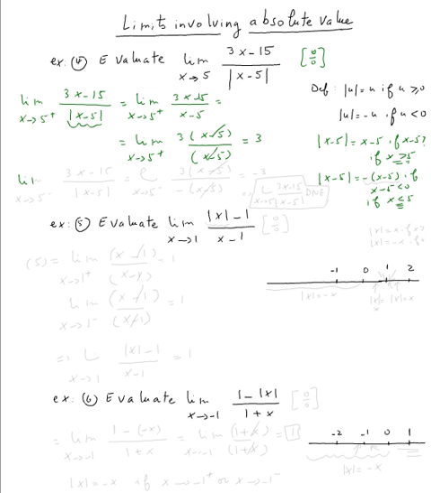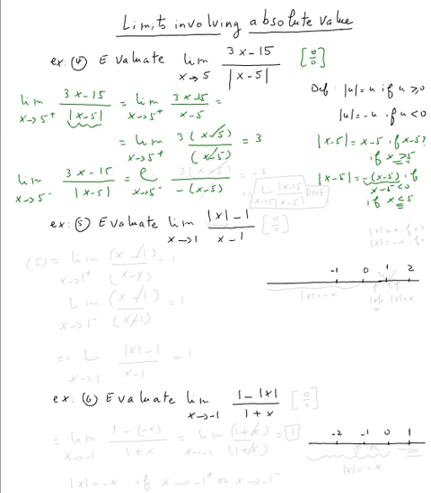Now let's do the limit as x approaches 5 from the left side. This is going to be 3x minus 15, and now the absolute value of x minus 5 becomes minus (x minus 5), because we're approaching 5 from the left side.